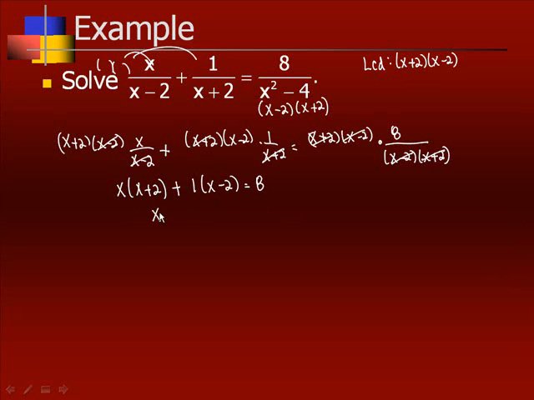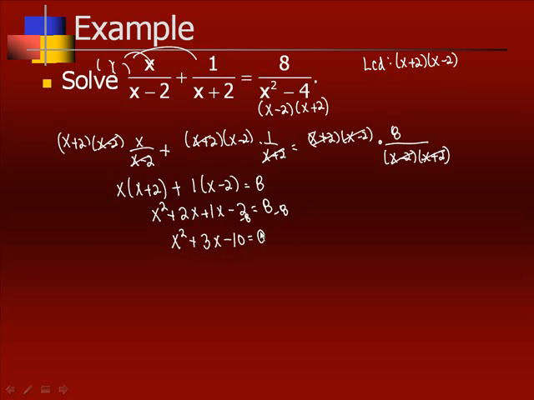So multiplying this out would give us x^2 + 2x + 1x - 2 = 8. Now notice this is quadratic. To solve a quadratic, we want to set it equal to 0, so we get x^2 + 3x. If we subtract 8 from both sides, we get -10 = 0.